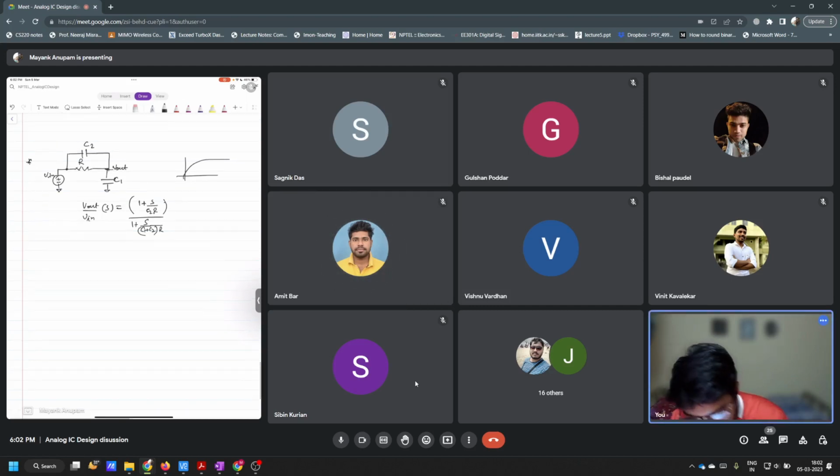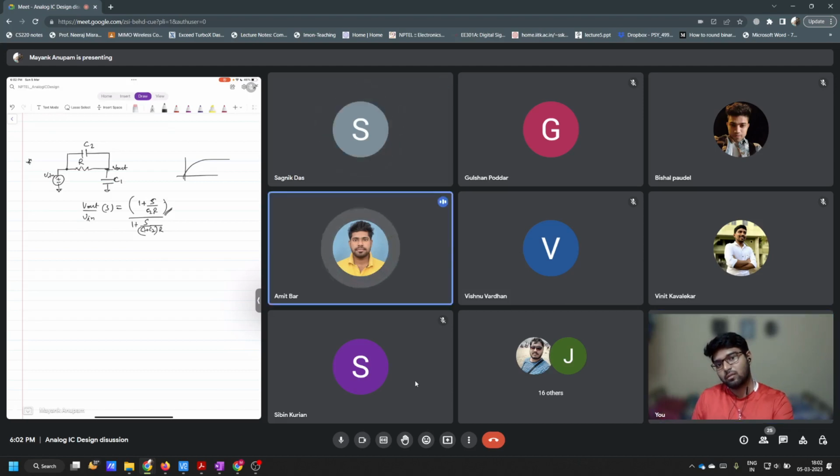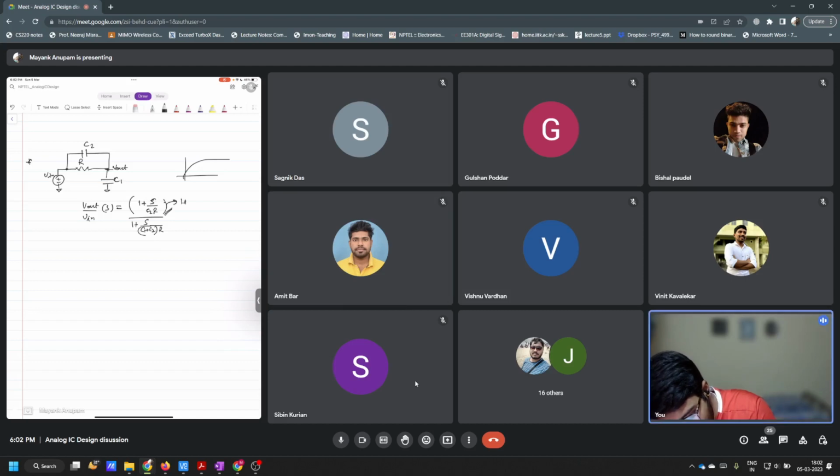Definitely yes. So basically, you see that there is a zero here, right? And what is this zero's property? I mean, is this in the left half plane or right half plane? Left half plane. Correct. So this zero is in LHP, right? This is a left half plane zero. Correct.